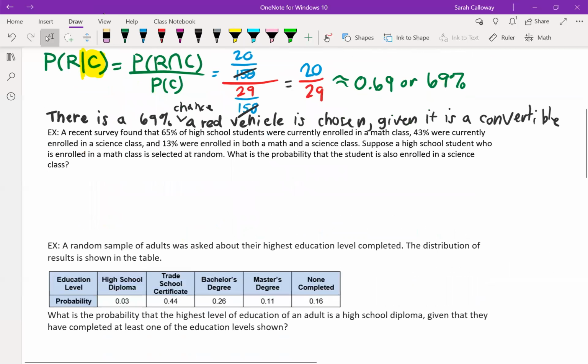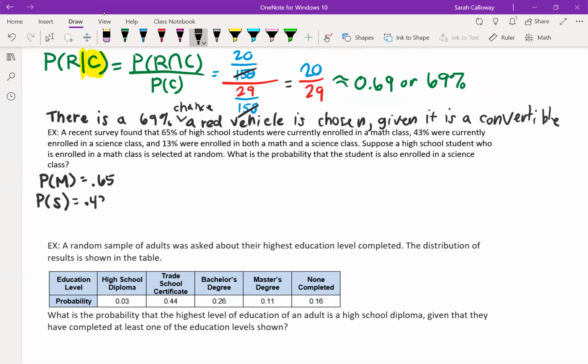In the next question, we don't have a two-way table, but we do have probabilities. A recent survey found that 65% of high school students were currently enrolled in a math class. So the probability that someone is taking a math class is 65%, which written as a decimal is 0.65. 43% were currently enrolled in science, so the probability of choosing someone that has a science class is 0.43.